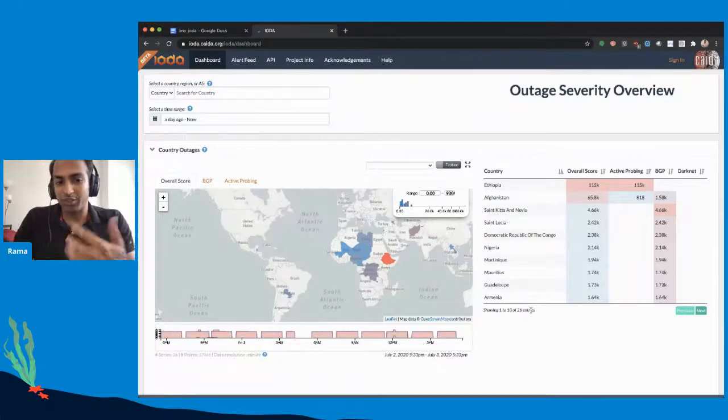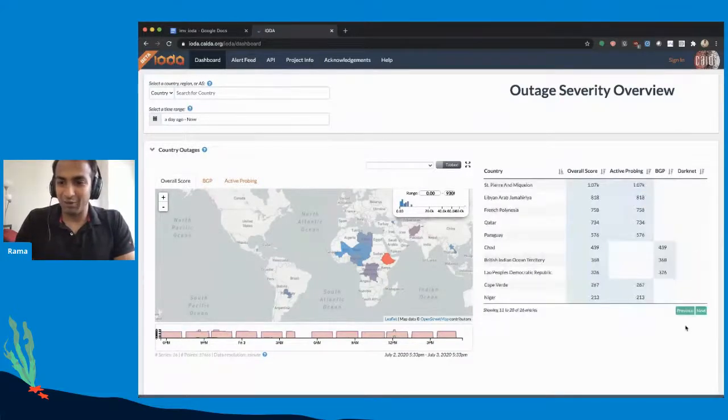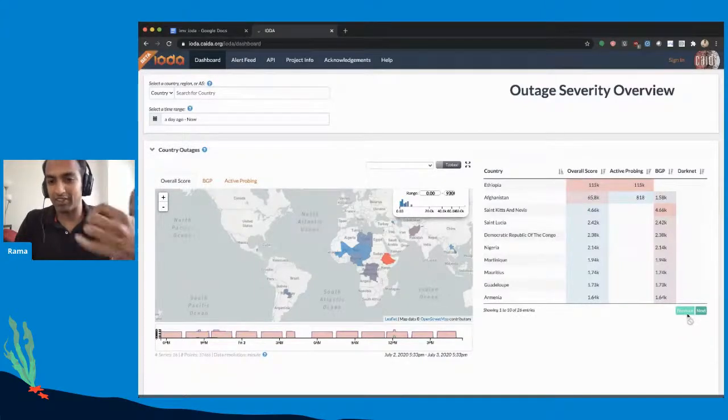Therefore, IODA tends to detect more false positives and false negatives in those countries. So when you see this list of 25 outages, they're not necessarily all real internet outages, and that's something to keep in mind, especially in these smaller countries.